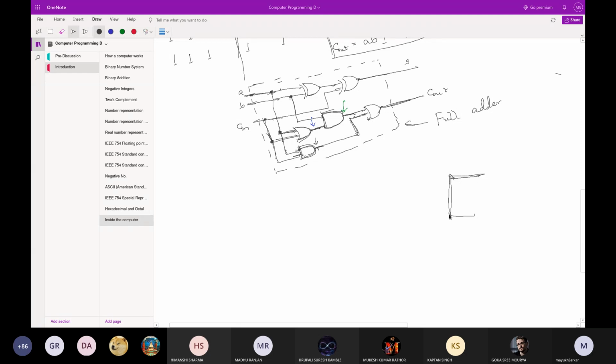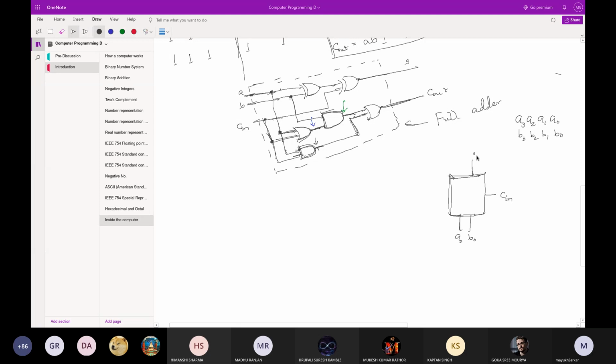Now suppose you want to do the addition of 2 numbers, say 4-bit numbers, A3, A2, A1, A0 and B3, B2, B1, B0. Just pass this A0, B0 and suppose the C in from here.